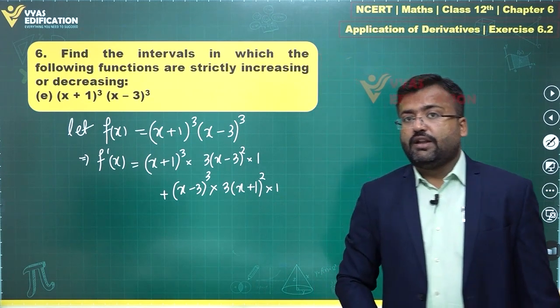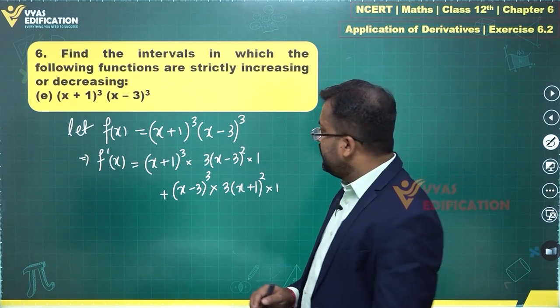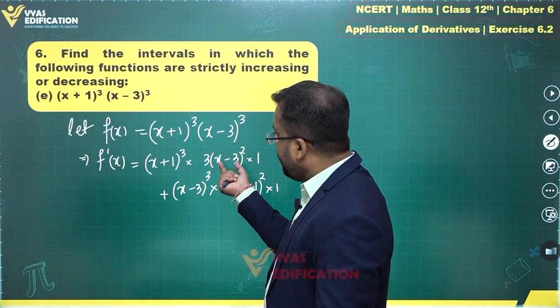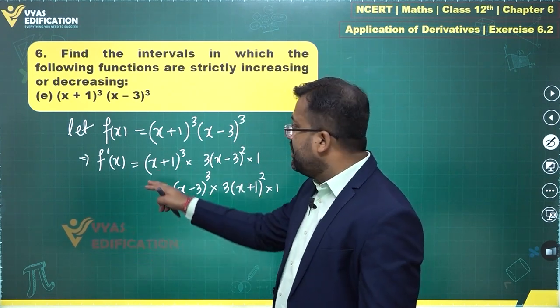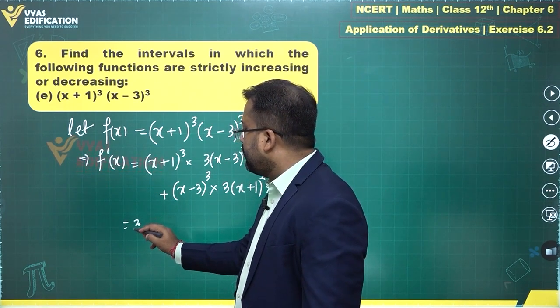Now, can you factorize this derivative f prime x? Yes, you observe that (x minus 3) whole square, from (x minus 3) whole cube, can come out common. Similarly, (x plus 1) whole square can come out common from this term and this term. Another factor of 3 can also come out common.